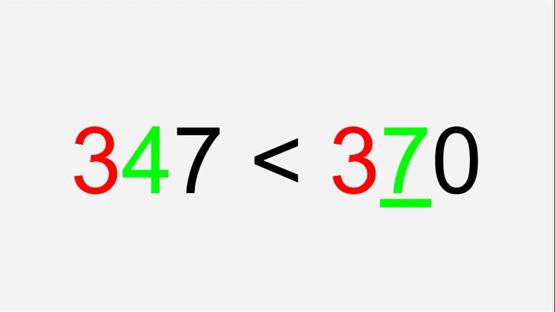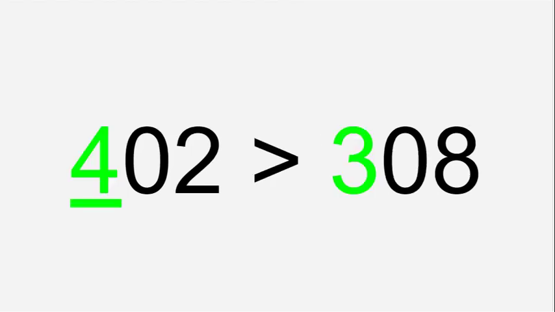Well done. The next problem, 402 and 308. Which one is bigger? We compare the 4 and the 3. 4 is greater than 3, so 402 is greater than 308. Be sure to check your answers.